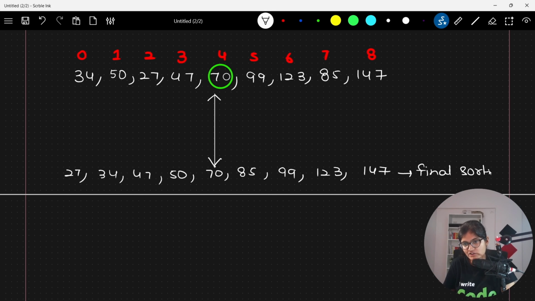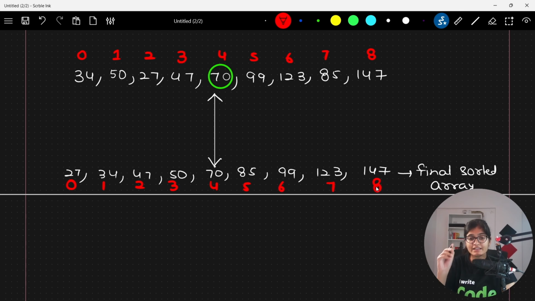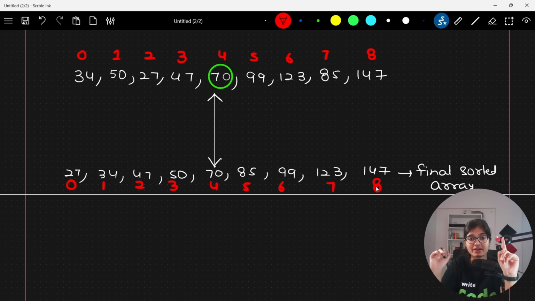If I write the index numbers here, 0, 1, 2, 3, 4, 5, 6, 7 and 8, you will observe that this 70 automatically reaches its exact position, which will be there even after the complete sorting. That is the first key thing to observe.